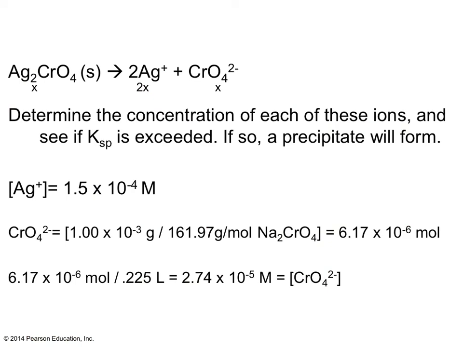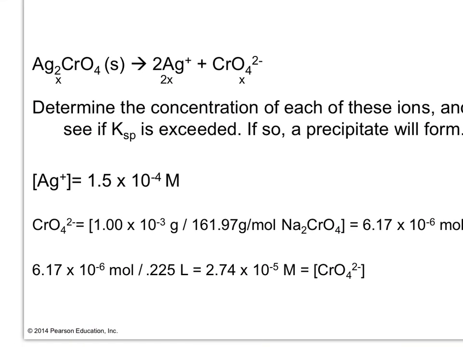Alrighty, so moving on to how we would set up the ICE table. Again, here's the equilibrium that we're dealing with for silver chromate. Make sure you've got your stoichiometry correct. And so what you're going to do in this type of problem, when you're mixing two ionic compounds together, is calculate a Q value.